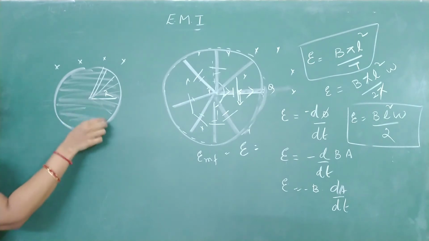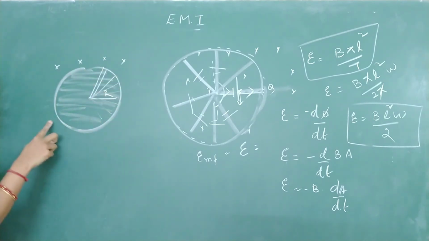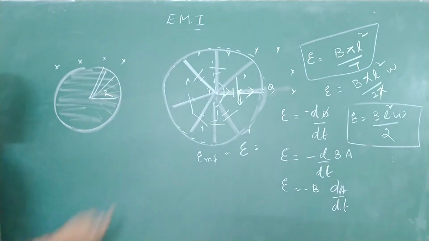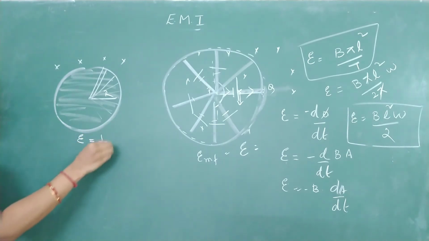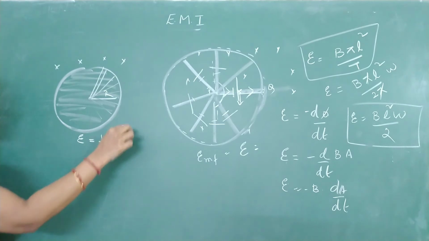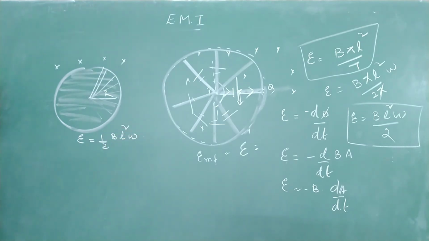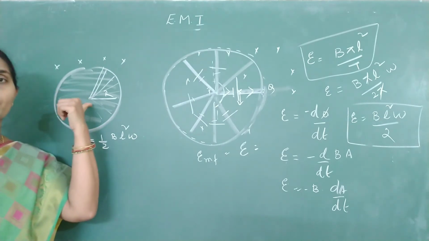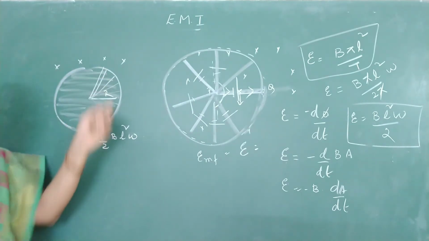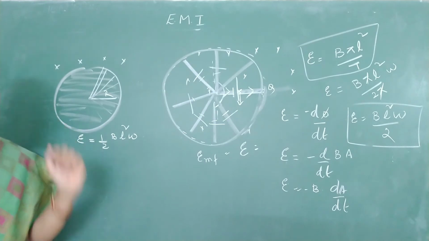A large number of metal rods combine to form a disk. Is it similar to the previous case? What will be the induced EMF? Half BL square omega. Answer is not going to change. So this will be your induced EMF even if it is a disk which is rotating about its center in a perpendicular magnetic field.